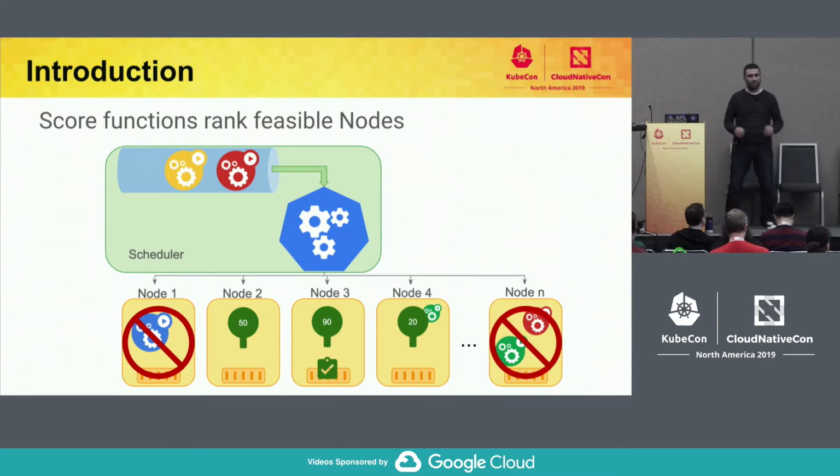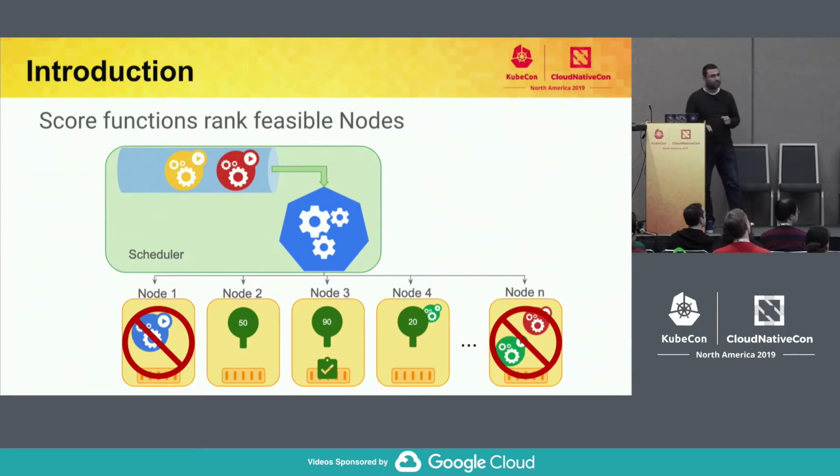If you decide that you prefer that pod X be run with pod Y, then the node that has pod Y would have a higher ranking than other nodes. Another scoring function, for example, ranks higher the nodes that already have the image the pod needs, and so on and so forth. After we score the nodes, we pick the highest scoring node, and then we do the binding that I mentioned earlier, and then the cycle goes on and on.